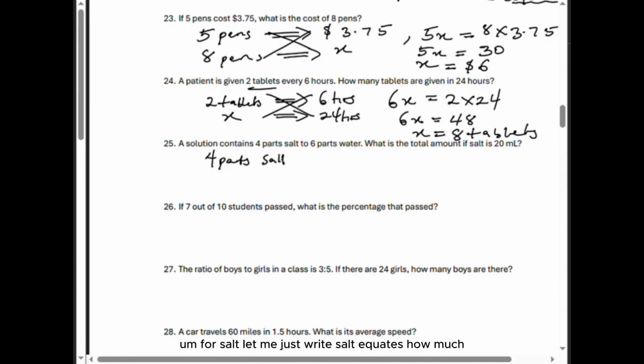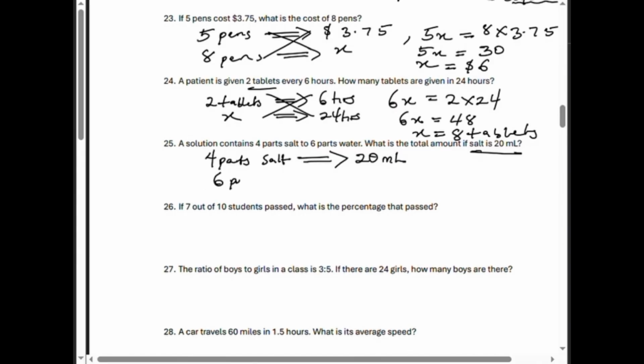Let me just write salt equates how much? So you've been given the real amount of salt here, which is 20 milliliters, and 6 parts water is given for how much? We don't know. But mind you, what is the total amount if salt?